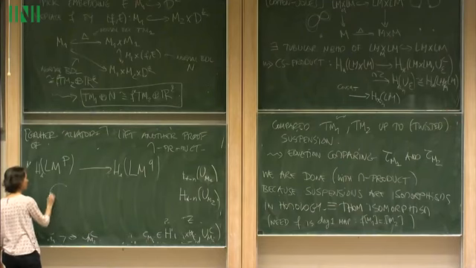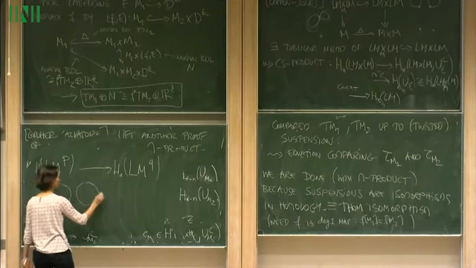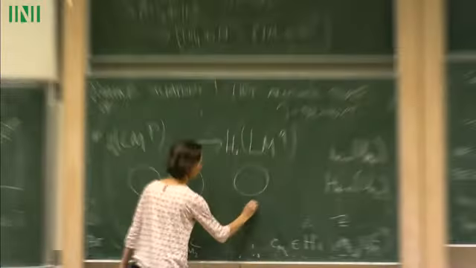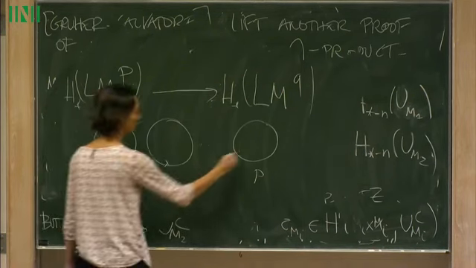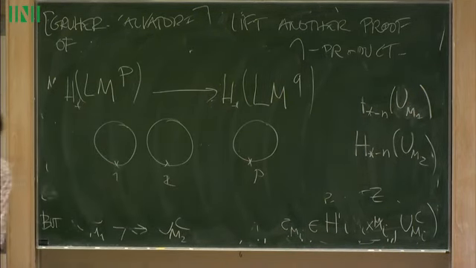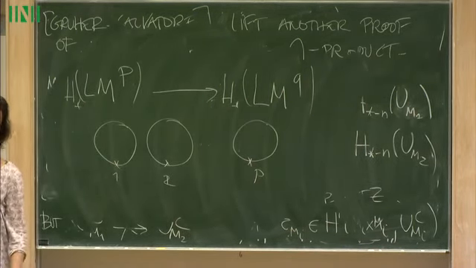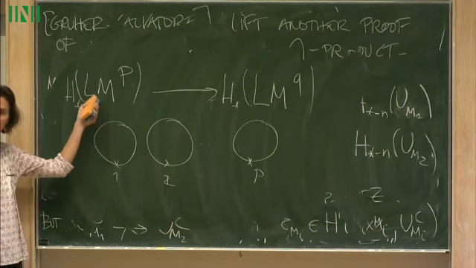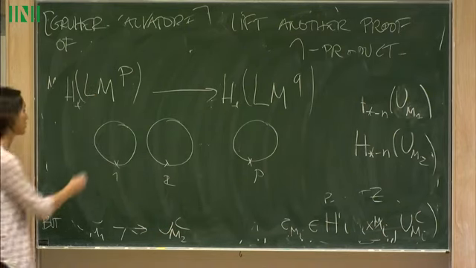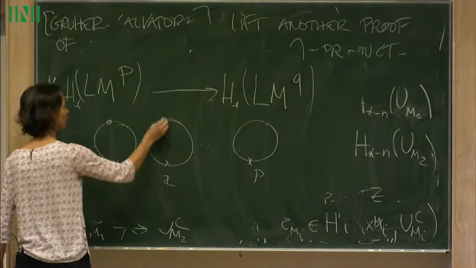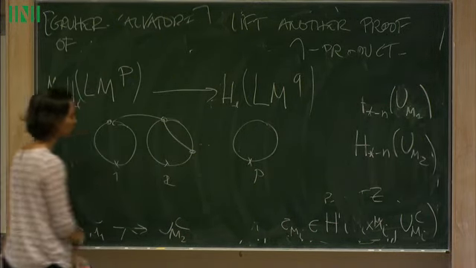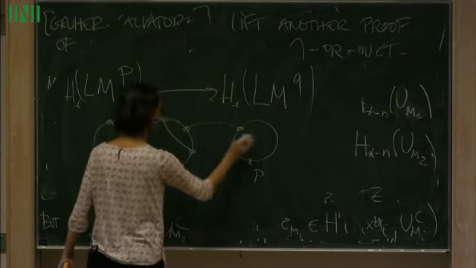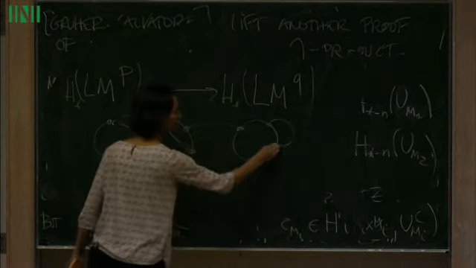You have your p loops you start with, and you know nothing about them. They have a base point somewhere that is fixed, and then you want to look at some space of self-intersecting things, where this point has to be the same as this one, and maybe also as this one, and these two should be the same, and whatever.